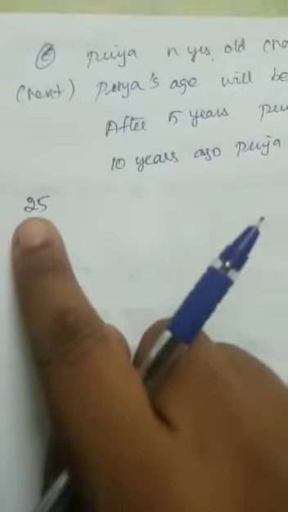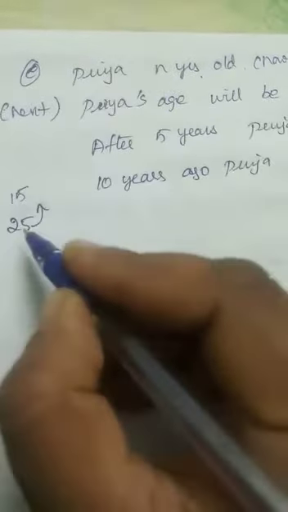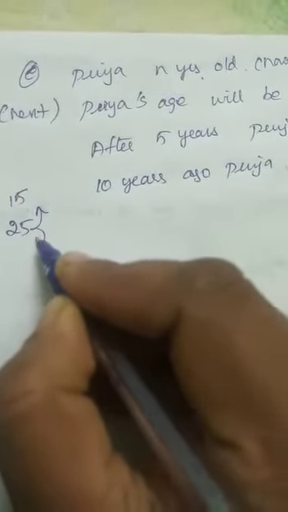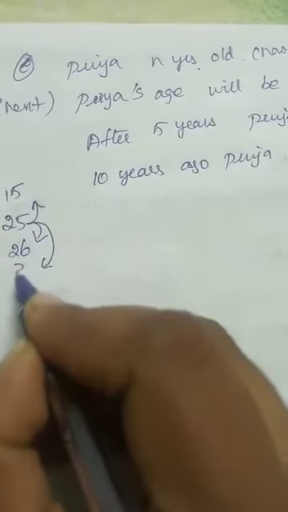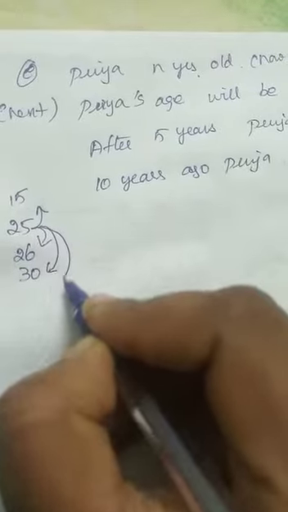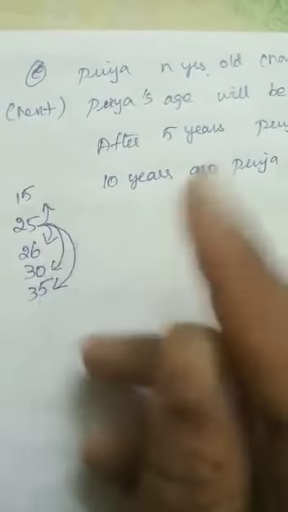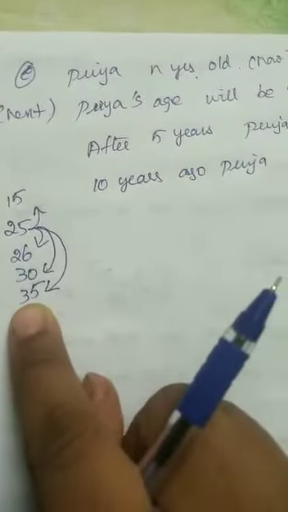What about the age 10 years before? 10 years before we have to reduce 10, so 15. After 1 year, 26. After 5 years, 30. After 10 years, 35. For example, I have written.